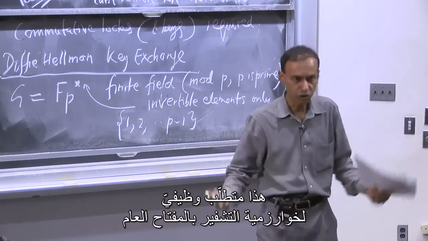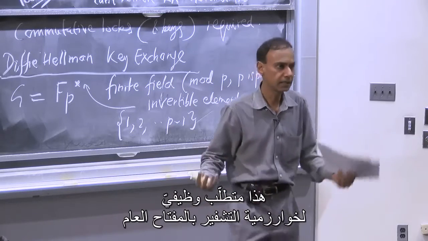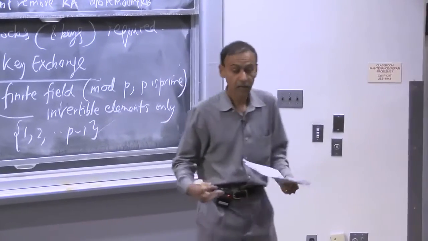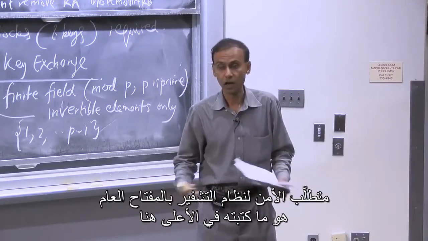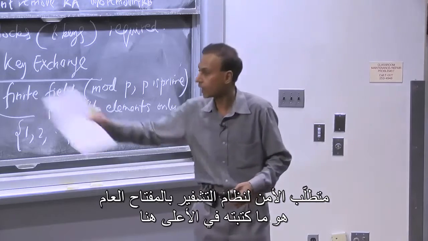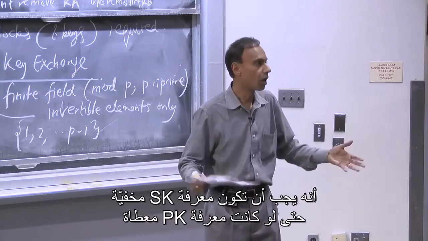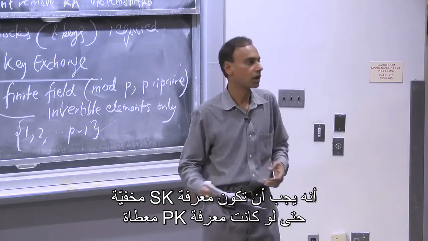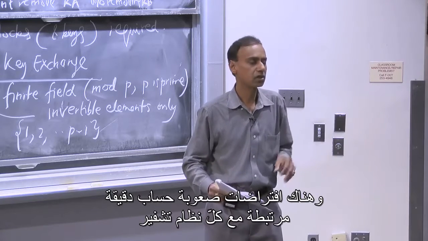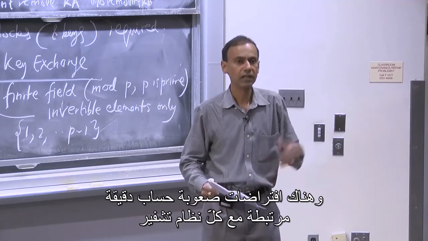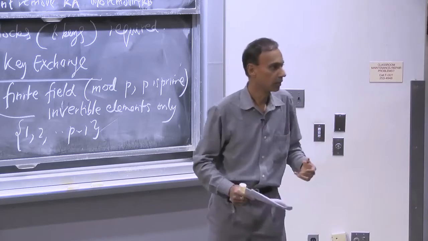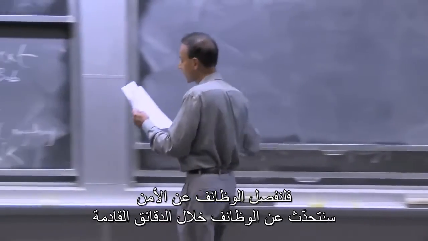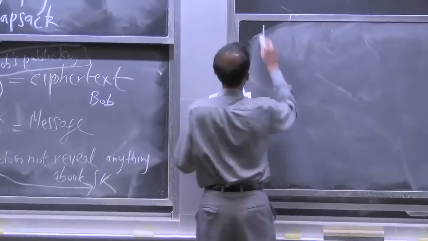That's the functional requirement of a public key encryption algorithm or public key crypto system. The security requirement is what I wrote up there: the knowledge of SK should be hidden even given the knowledge of PK, and there are precise computational hardness assumptions associated with each crypto system. So let's separate out functionality from security. We're going to talk about functionality for the next few minutes.